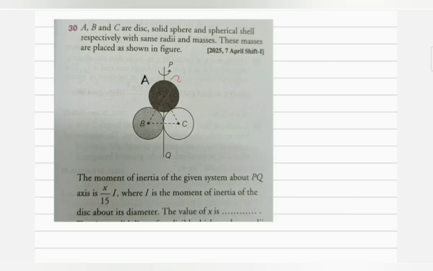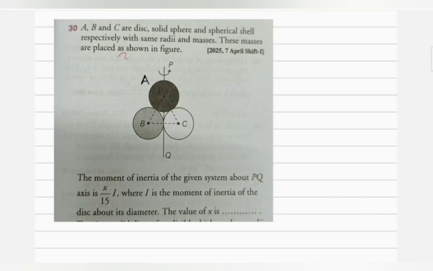Students, A is a disk, as you can see, and PQ is the axis of rotation, right? So can I say axis PQ is actually a diameter for disk A?